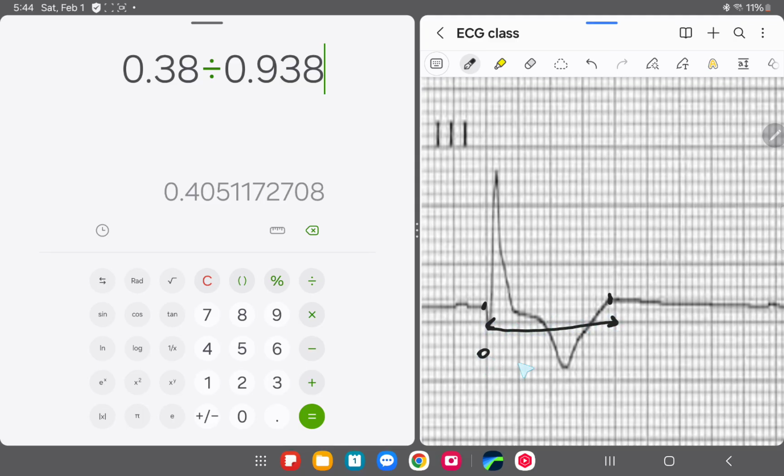Starting at 0, this would be 0.2, 0.4, 0.6, 0.8, and you minus 0.04 from that, so that would be 0.76 if my math is correct. So our QT is 0.76 or 760 milliseconds, which is really long.